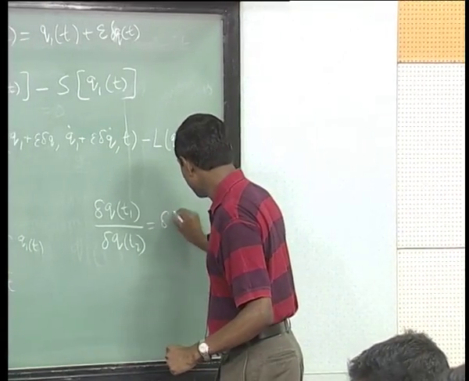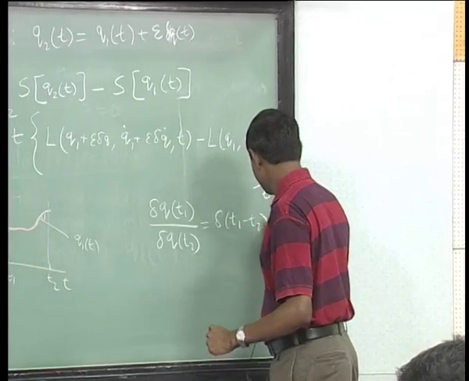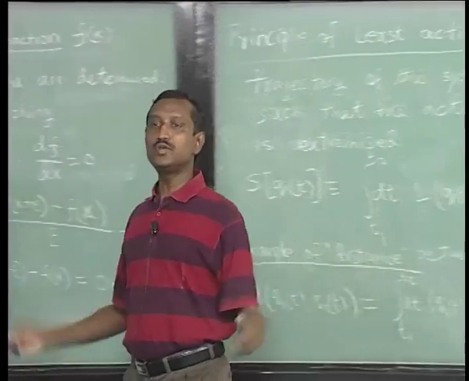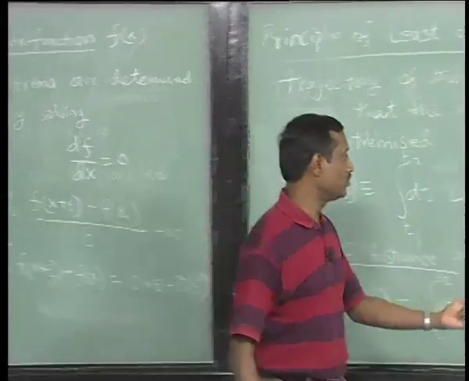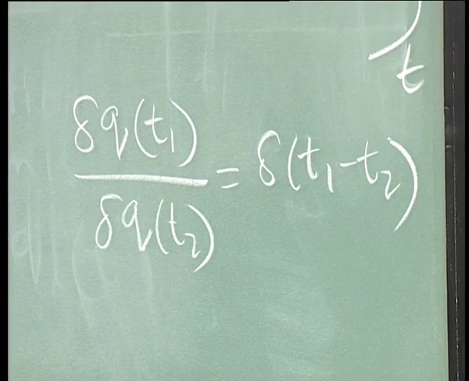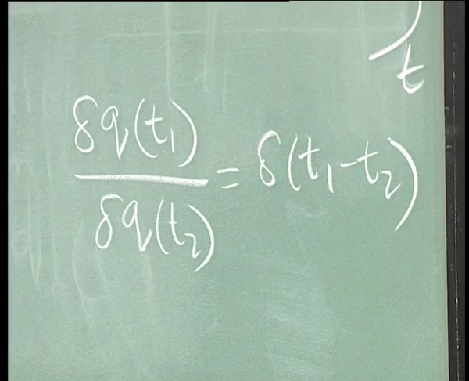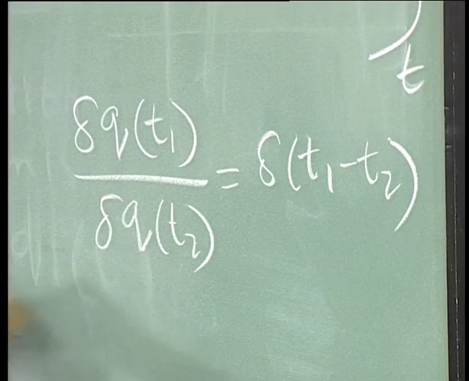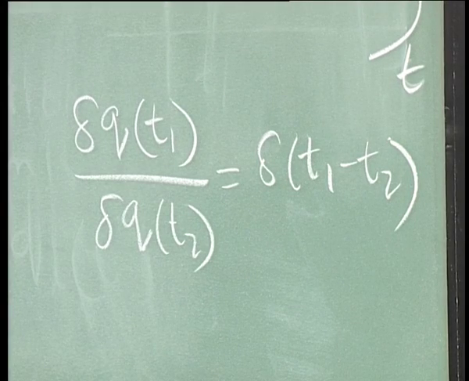So, this is exactly what I just told you: any two instances of delta q are independent of each other. In some sense this is the most important formula, which captures this trivial but important statement.